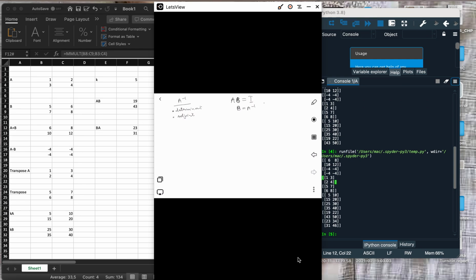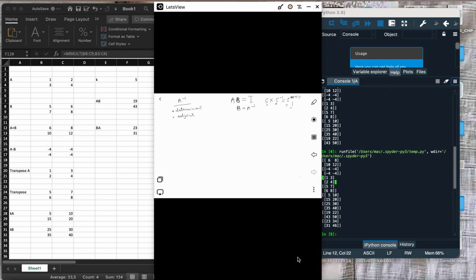For example, if I multiply 5 by its inverse, 5 to the power minus 1, I'm going to get 5 to the power 1 plus minus 1, and that is going to give me 1. So 5 times its inverse gives me 1.